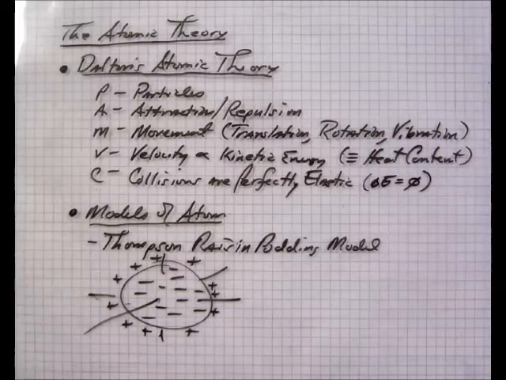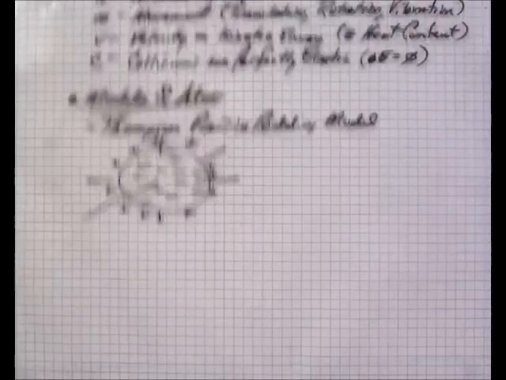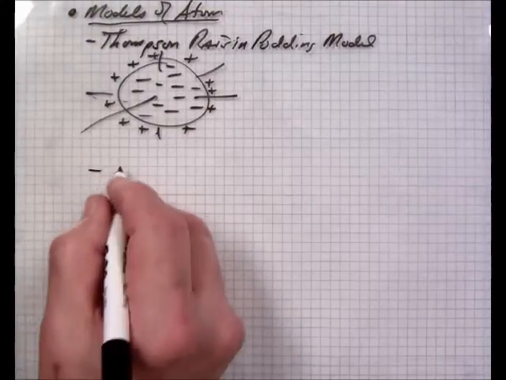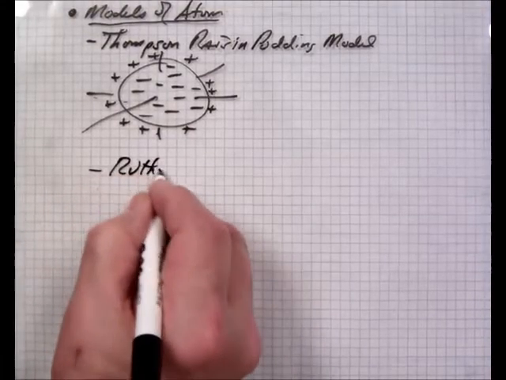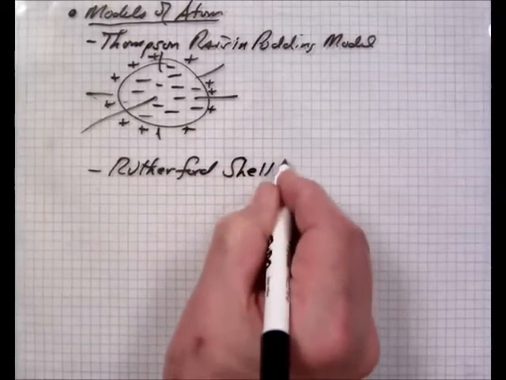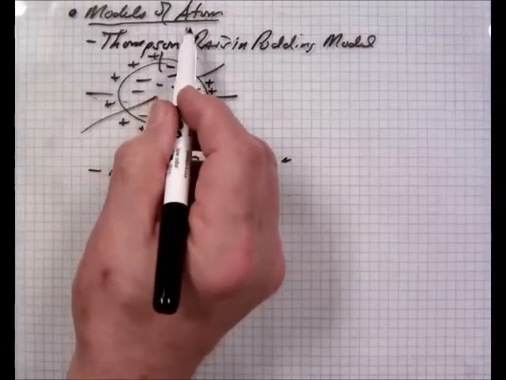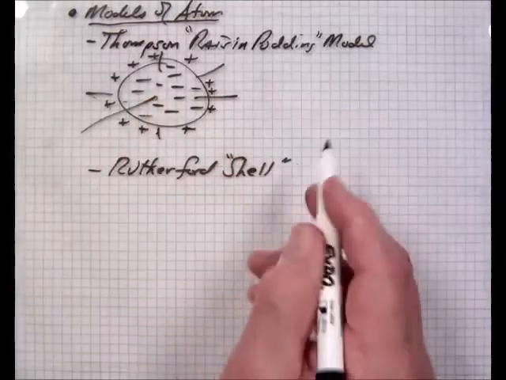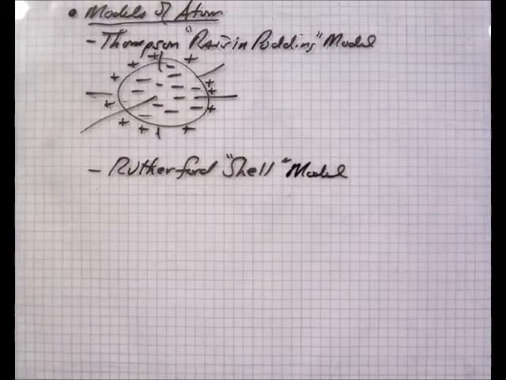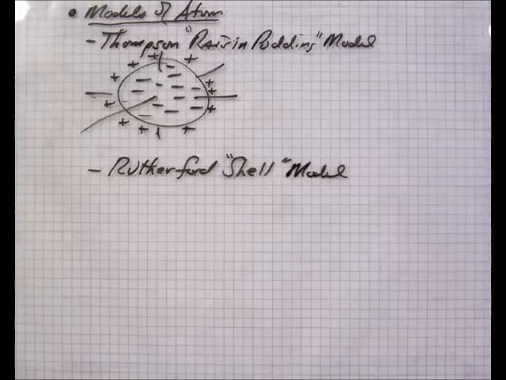Well, that didn't last very long. The next model was the Rutherford shell model. And here he is the first, now this is very important to remember, he is the first to propose a two-part atom.